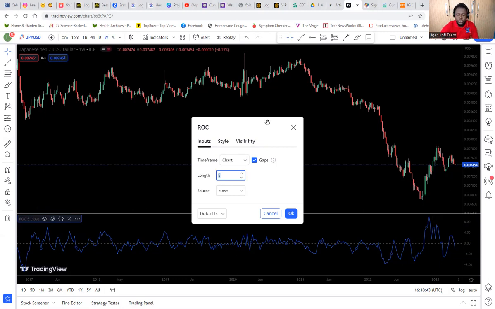Whatever number you choose here will determine the number of periods used. So if the time frame is daily and I choose 5 here, it means I'm doing my calculation based on the previous 5 days. I don't know if this makes sense. If I change the length here to 20 and it is on weekly, it means I am calculating the strength of the currency based on the last 20 weeks.